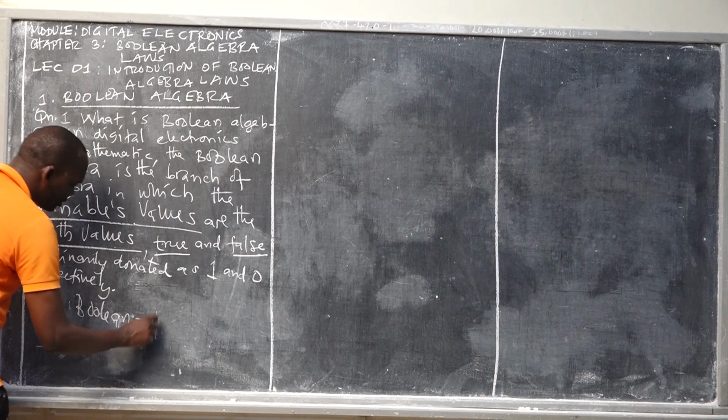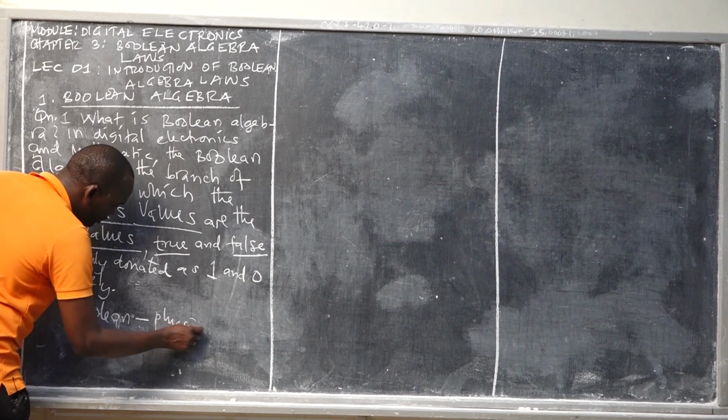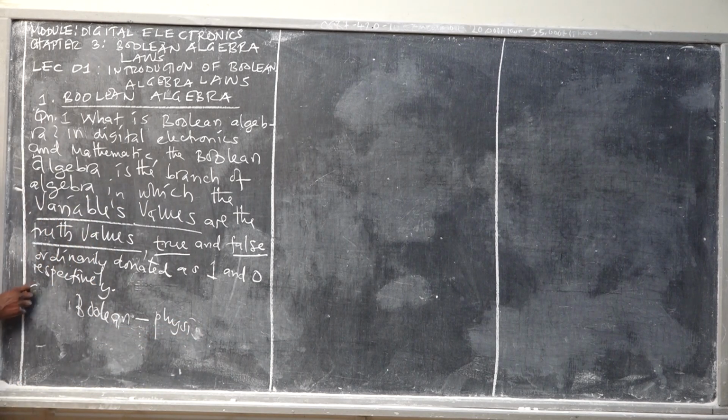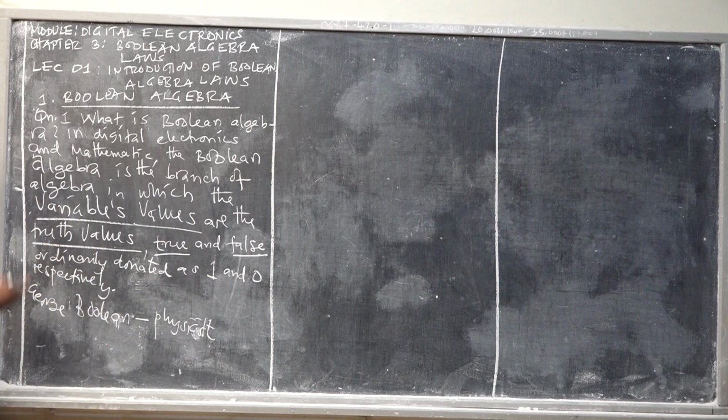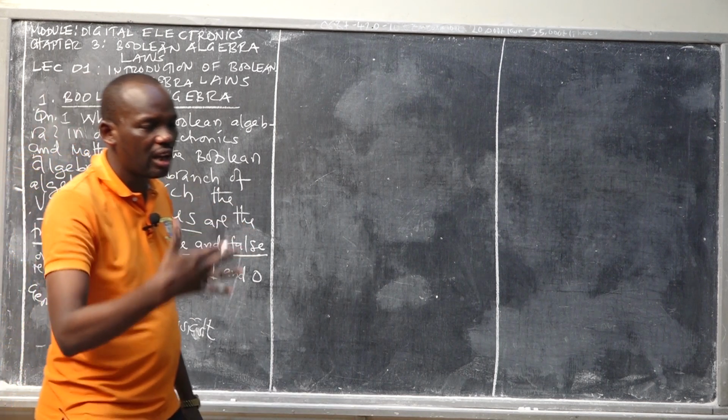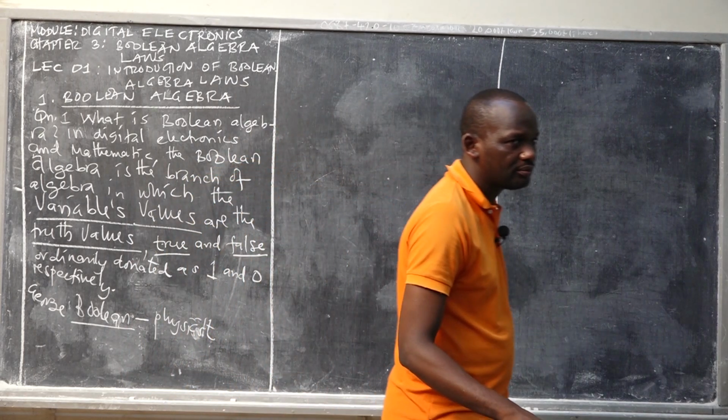His name is George Boole. He is the physicist who introduced the concepts of Boolean algebra. So that's the meaning of the word Boolean. Simply, it's the name of the founder of the concepts of Boolean algebra.